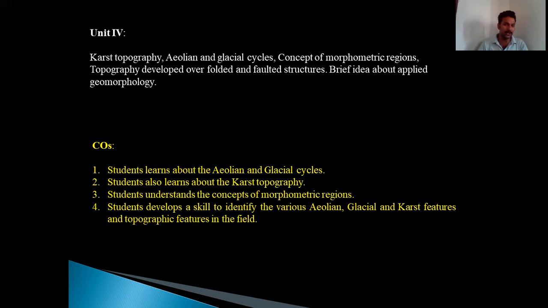And then we'll go for glacial cycles, the features developed by glaciers. Then we'll see the concept of morphometric regions. Then the topography developed over folded and faulted structures will be discussed. And finally, we'll go by the idea about applied geomorphology.